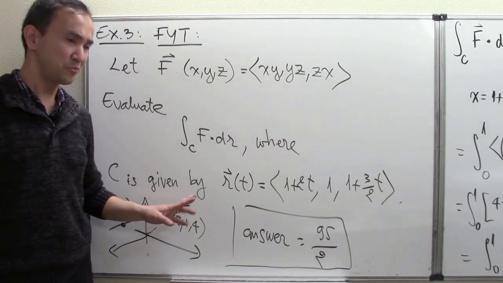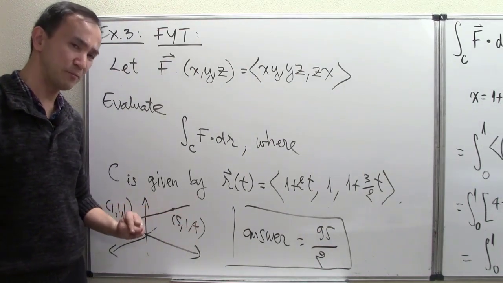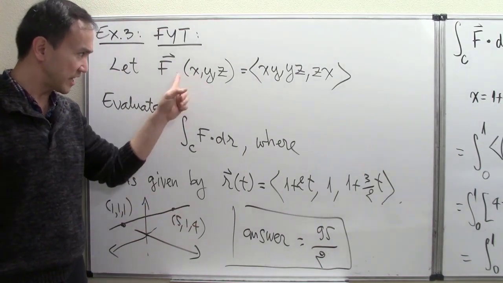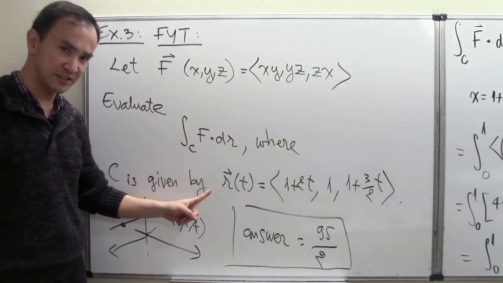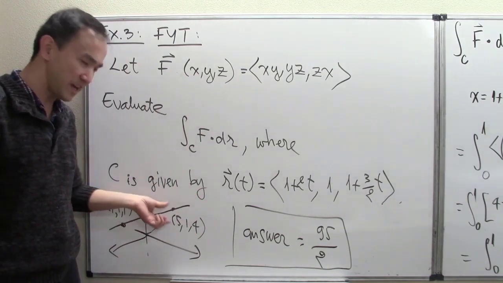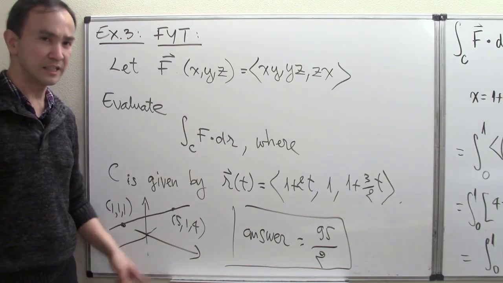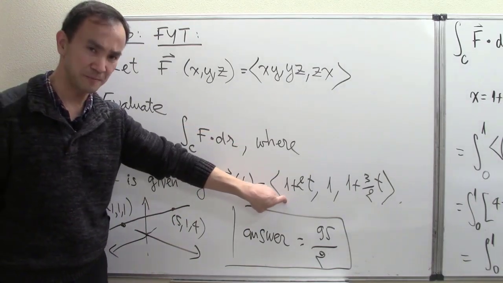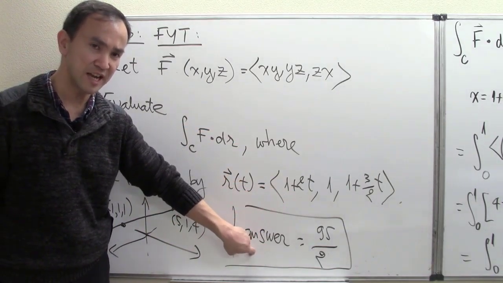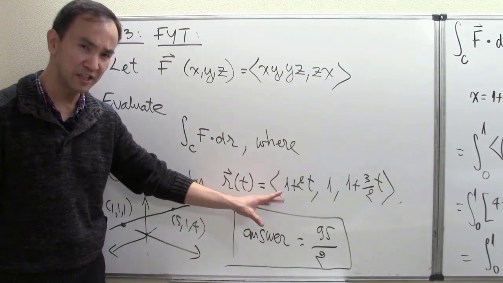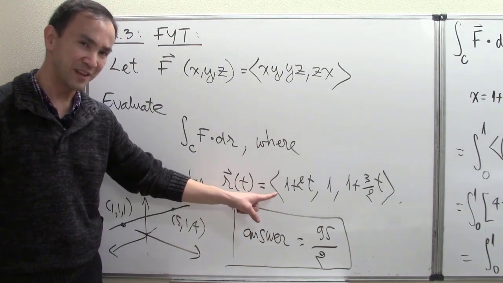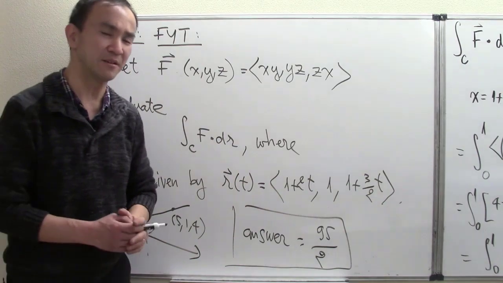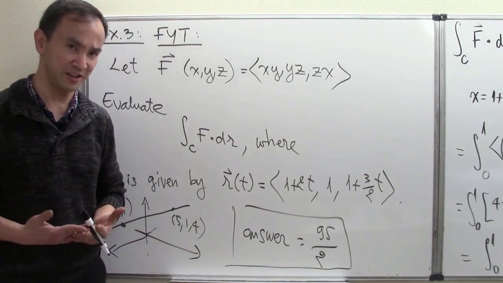And so now, what's the intention of an example like this? The vector field is the same, the curve is the same, and the starting point and ending point are exactly the same. The only difference is the parameterization. And so we still ended up with the exact same answer. So the only thing changed is the parameterization. And so in that way, we draw out from one example one important understanding right here.